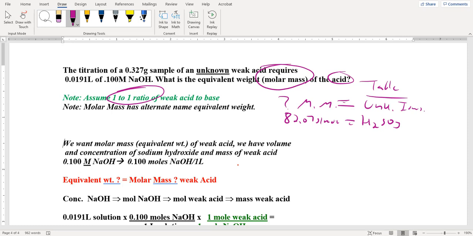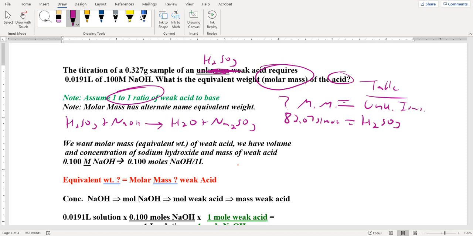Conversely, what I could always do is just give you, instead of unknown weak acid, the actual name of the acid, such as H2SO3. In which case, you would have to go ahead and do a charge balance product prediction, producing water and sodium sulfite.